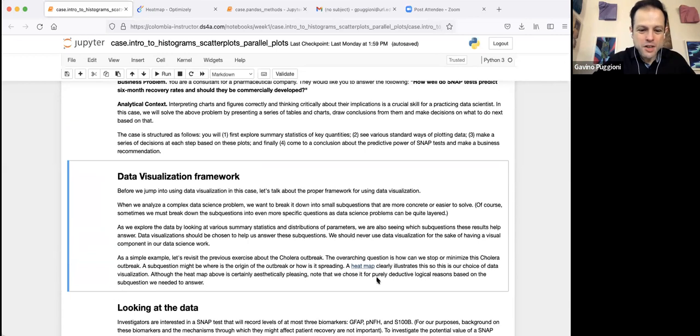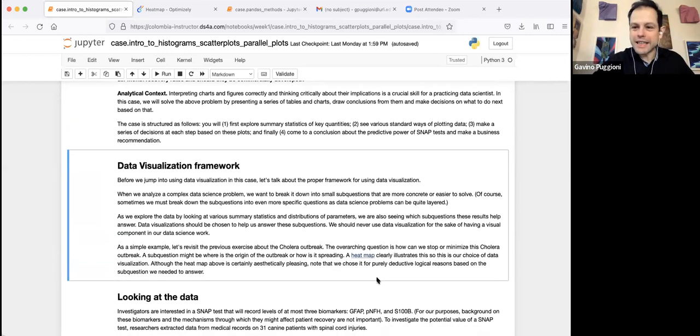Okay, so let's start looking at the data for what today's case is. The investigators are interested in a SNAP test that will record levels of at the most 3 biomarkers.